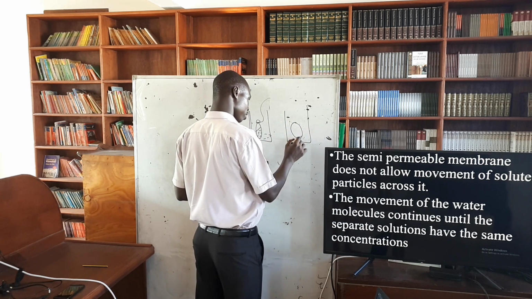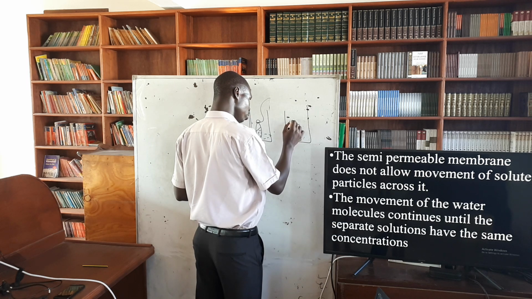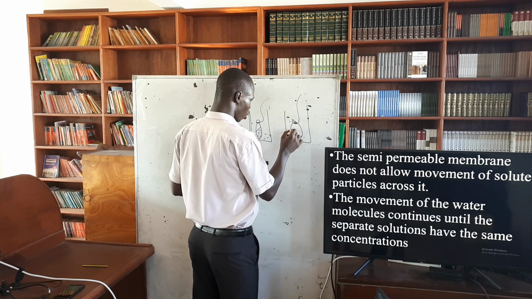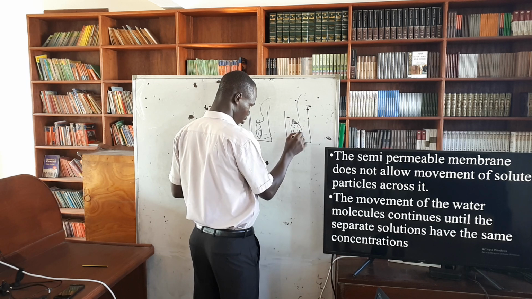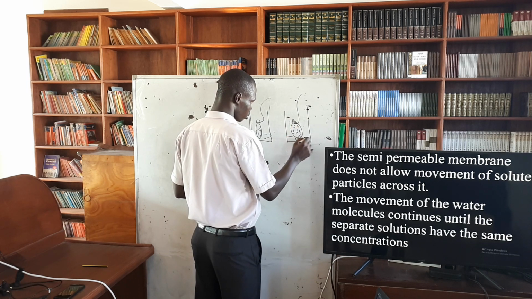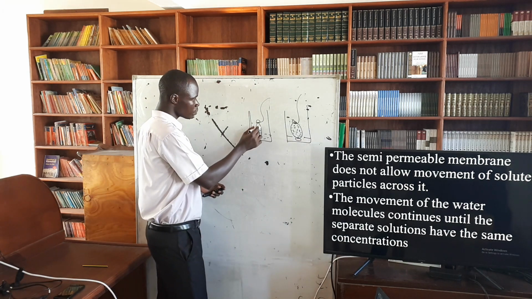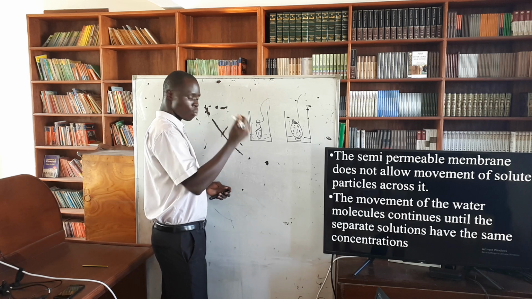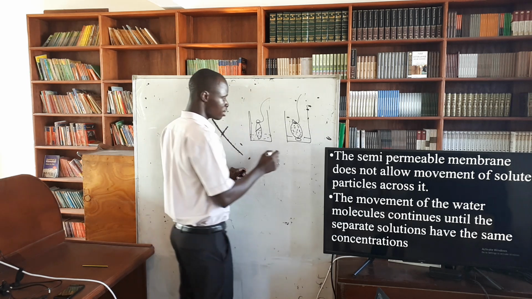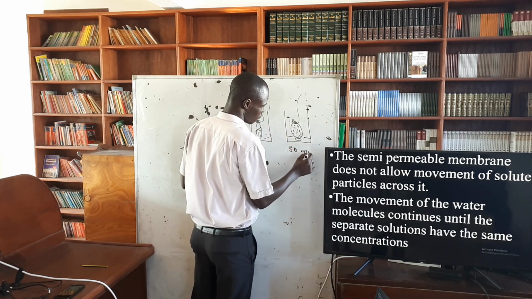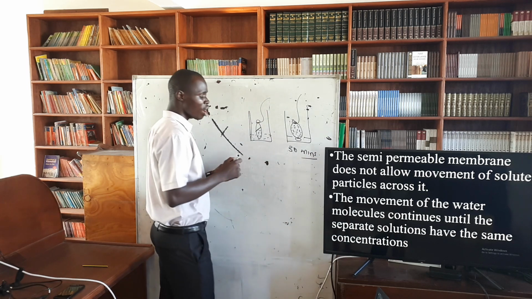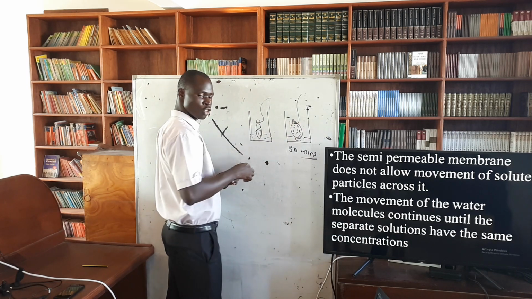It's going to be swollen. At first, you see, we have a space here. So, at the end of the experiment, after 30 minutes, we are going to have this one filled, swollen.